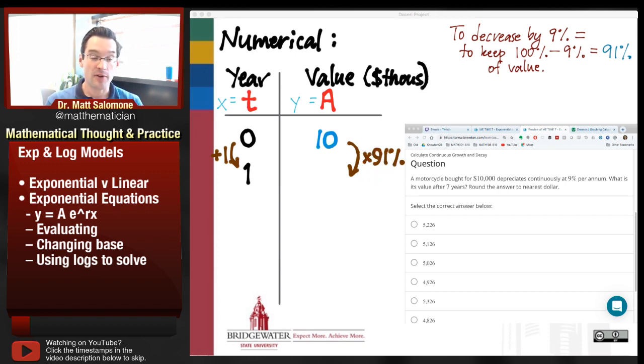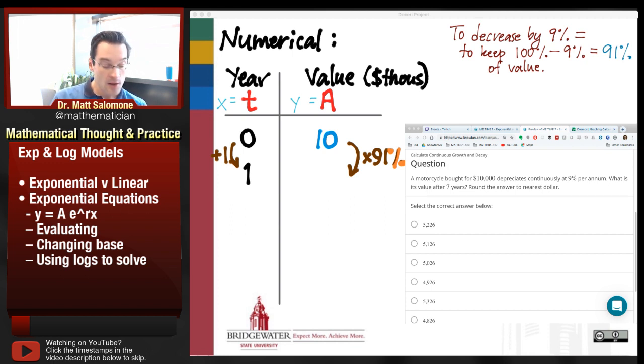Again, I'm skipping over the word continuously for right now, but we'll get there when we get there. Now, keep in mind, 91%, anytime you see a percent sign, this was the main topic last week as well, it's the same as a division by the number 100, a ratio whose denominator is 100.